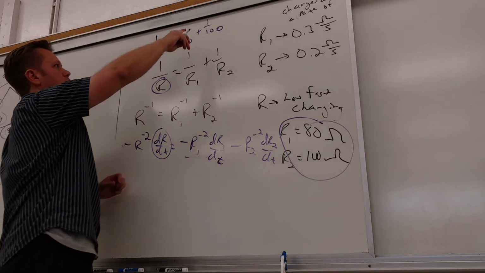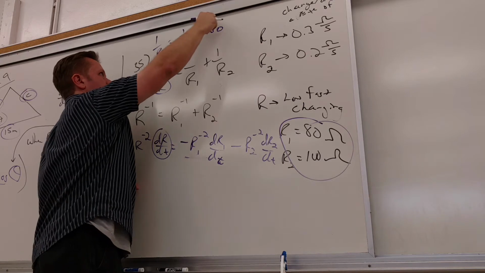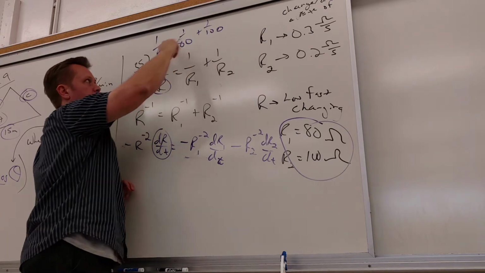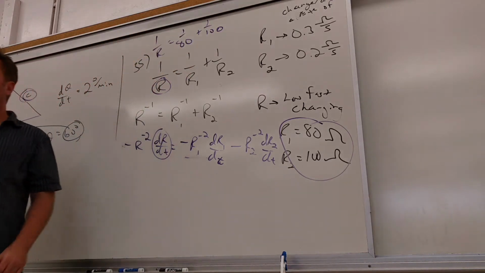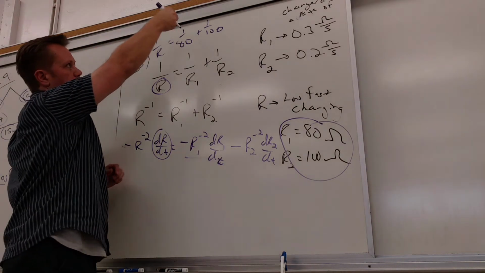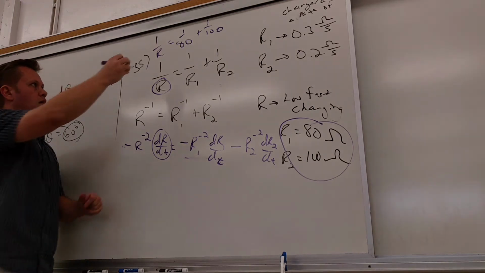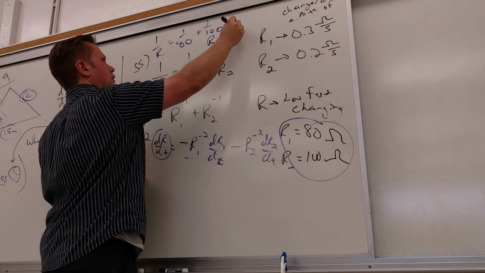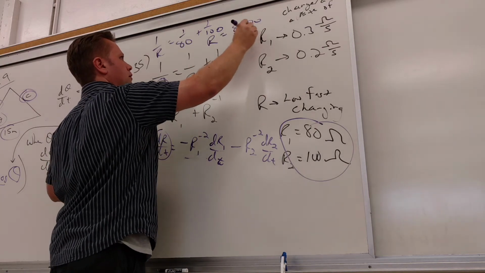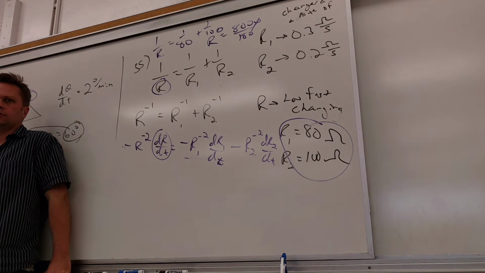So this would be 100 plus 80 over 8,000, and then you reciprocate it to get R by itself. Cool. That's the way I would do it real quick in my head. So R would be 8,000 over 180. All right, so 800 over 18, so 400 over 9.